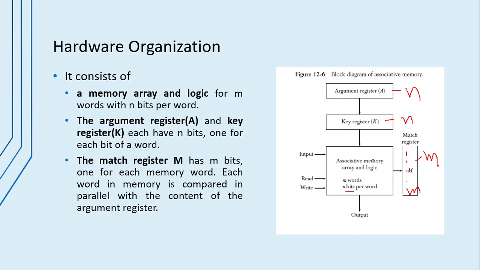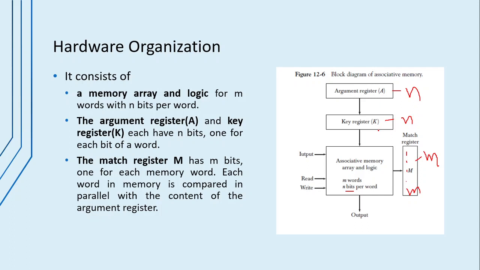Whenever a particular word is matched with the searched one, then this bit is set to 1. So for matching, we check the match register. If the match register contains 1, it means the relevant word is matched with your searched data.